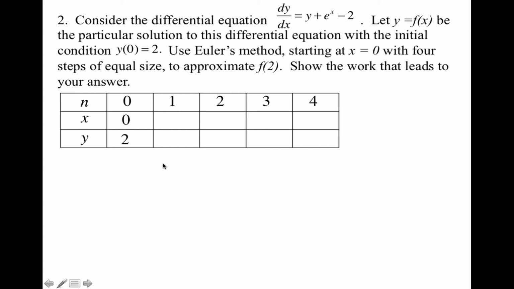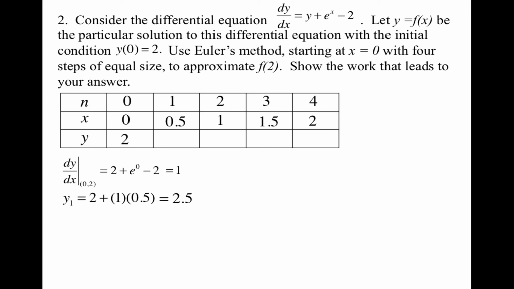That means my change of x is going to be 0.5 again. So I'm going to be approximating the y values at the following 4 x values until I get to 2. So I'm going to start with the slope at (0, 2), which I get 1.